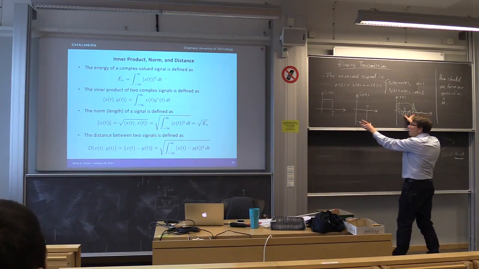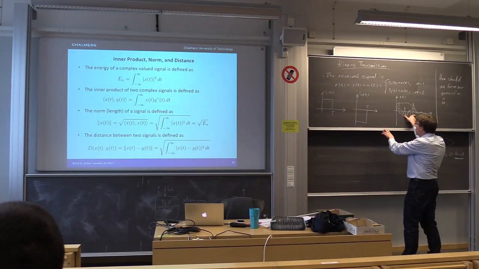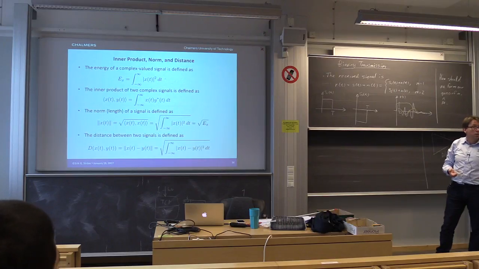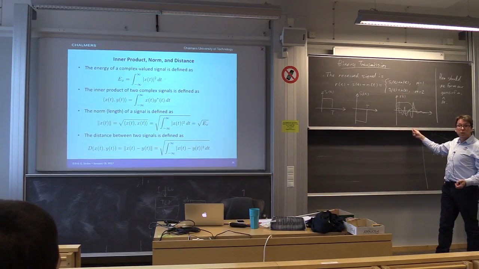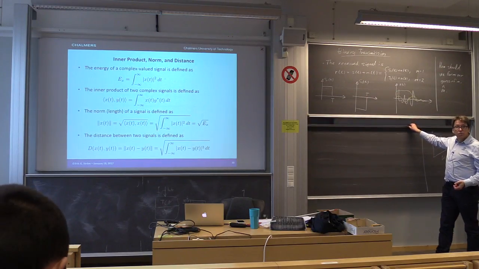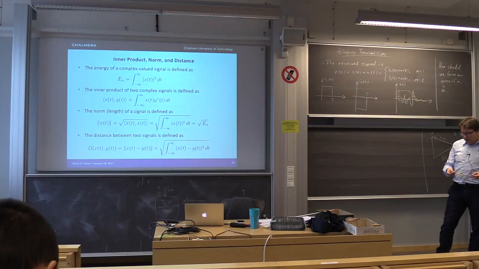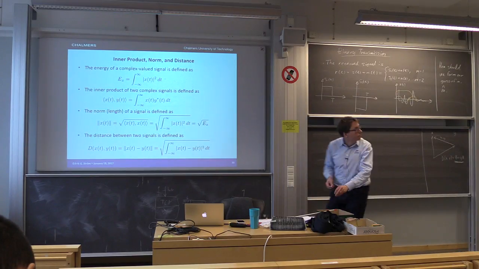We need to pick either this one or that one, and we pick the one which is closest to what we have observed, right? So that's the purpose here. And that's called the minimum distance receiver. And that is, in some shape or form, almost always what we want to do in all kinds of physical communication.